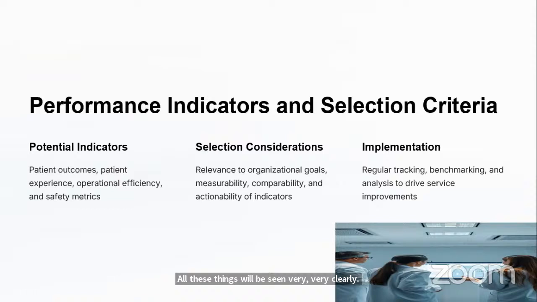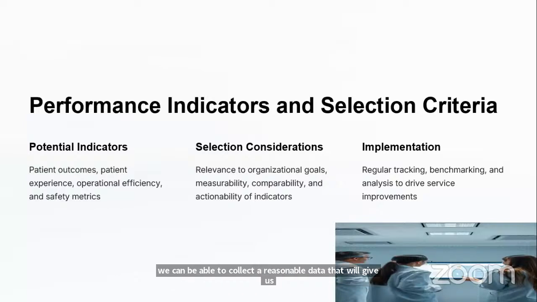Now, the other aspect is the measurability. So whatever indicator we are going to choose or select, we have to make sure that they are measurable, meaning we are able to collect reasonable data that will give us vital information for comparison with other available resources.